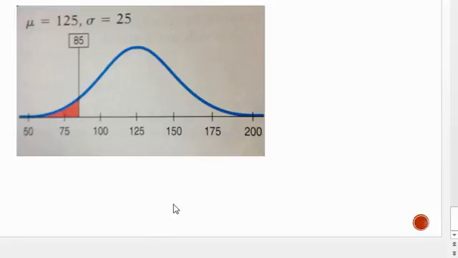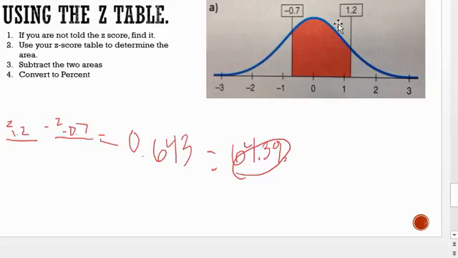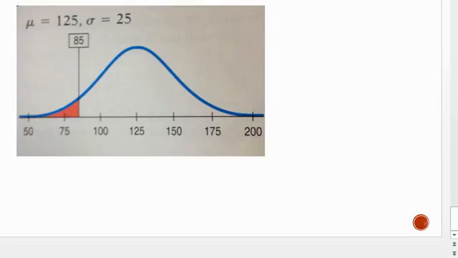You can also find your z-score when you are not given the exact numbers. You will also need to use your z-score table. So if you know one standard deviation is 25, you can find how much off of your standard deviation this number is.